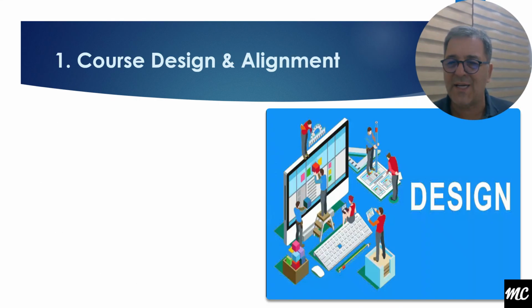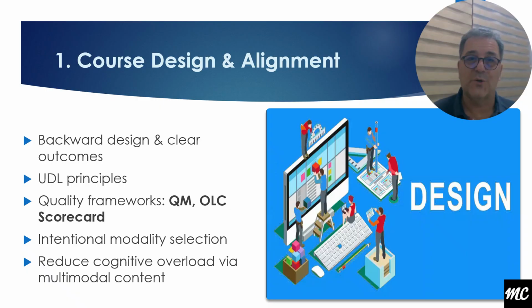In order to enhance the quality of distance and hybrid education, we should start with course design, because quality begins at the planning stage. We should design our courses a bit backwards. We should start with learning outcomes, then align the content, tools, and assessments with those learning outcomes.